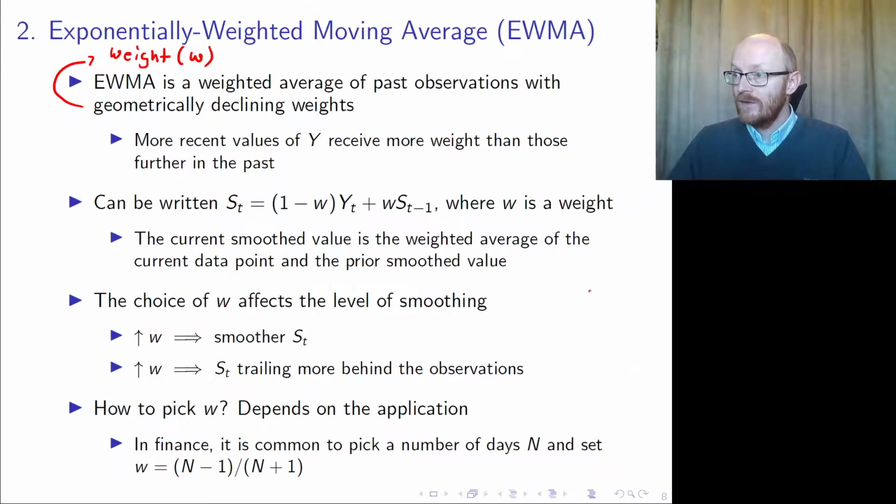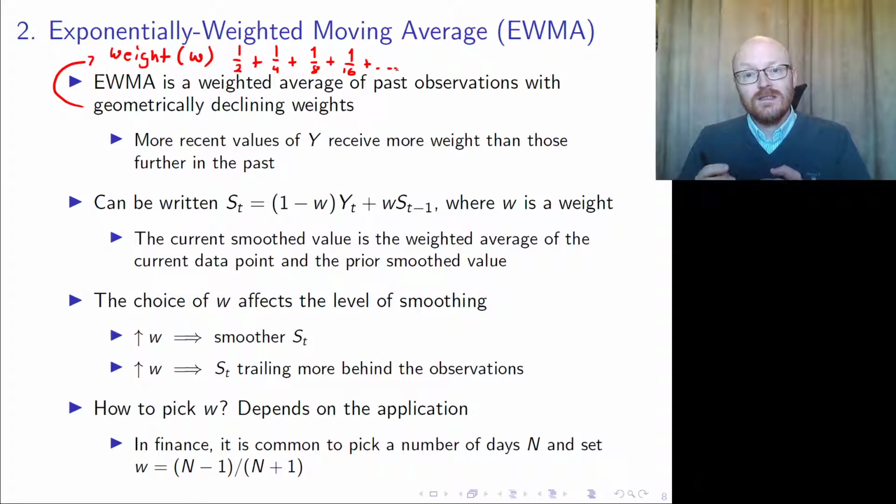Whereas for the exponentially weighted moving average, the weights of the observations are like 1/2 plus 1/2 squared, which is 1/4, plus 1/8 plus 1/16 plus, and so on.